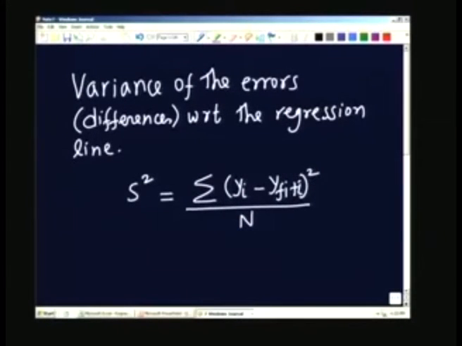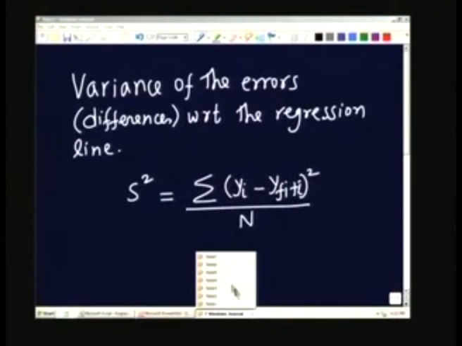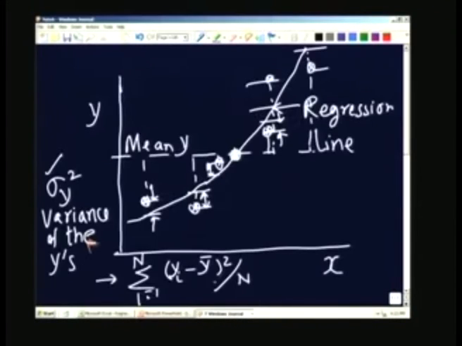Now, I am going to compare the variance of the errors with respect to the variance of the y's. If the variance of the errors is small compared to the variance of the y's, that means if I go back to the previous page, I am comparing the variance with respect to the mean value y bar and the variance with respect to the local mean value, because the fit represents the local mean.